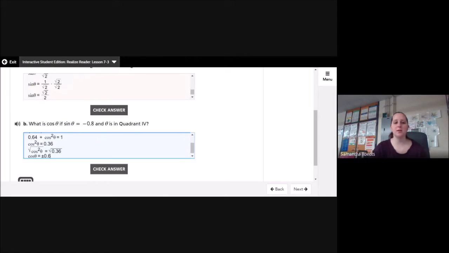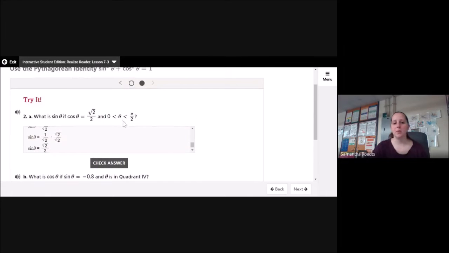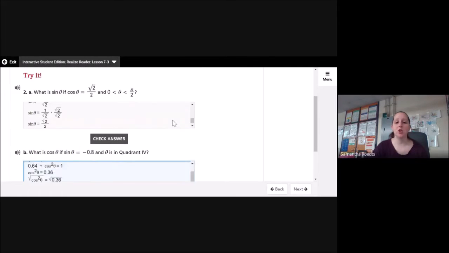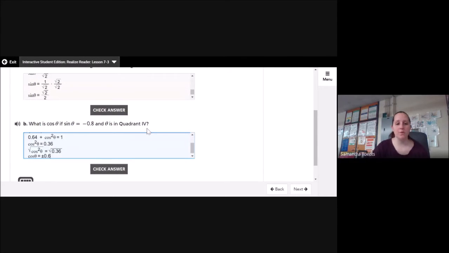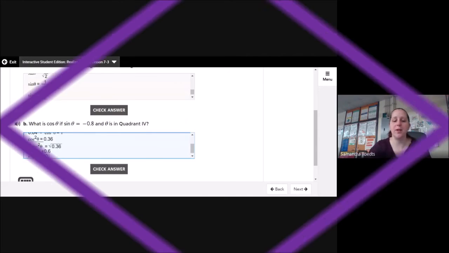We just knew it was positive because we were dealing in quadrant 1, because this is between 0 and pi over 2. This one we know is in quadrant 4. We remember that cosine is my x value, and in quadrant 4, my x values are positive. So cosine theta is going to be positive 0.6.